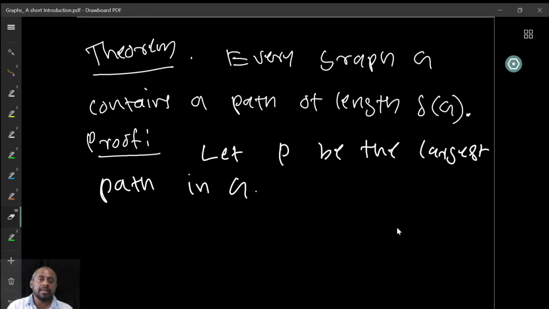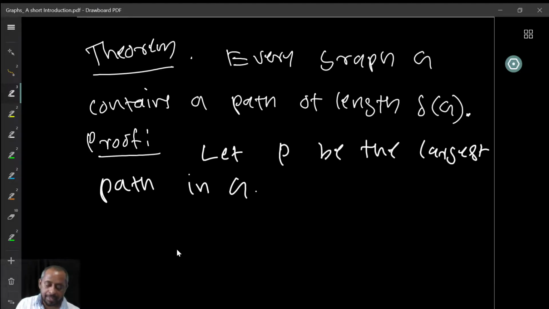Now, an interesting theorem is that every graph G contains a path of length small delta of G, the minimum degree. The proof is a nice application. So we are asked to show that every graph contains a path of length delta of G. We are going to show it by considering the largest path in the graph.